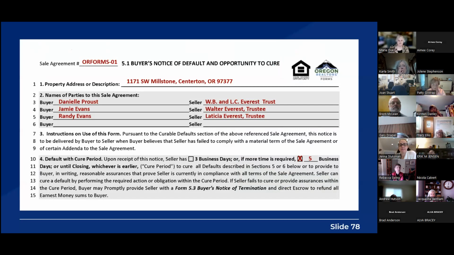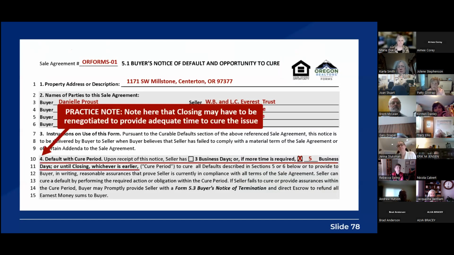Buyer's notice of default and opportunity to cure. Same thing, same top part. Default with cure period. Upon receipt of this notice, seller has 3 business days, or if more time is required, X business days, or closing, whichever is earlier. So we actually give you timelines that say, hey, seller, you have this time to get this done.